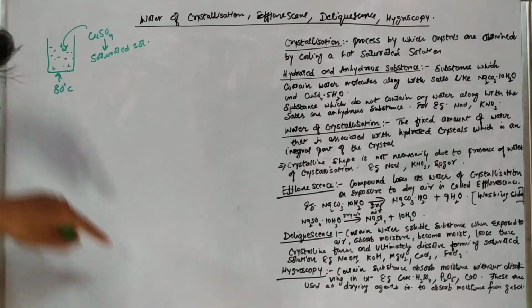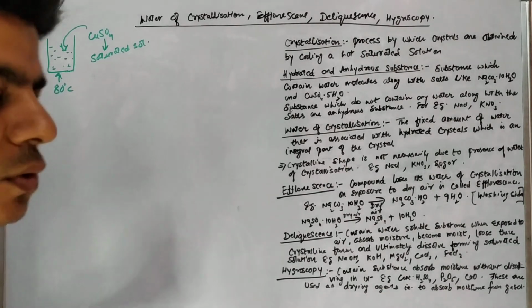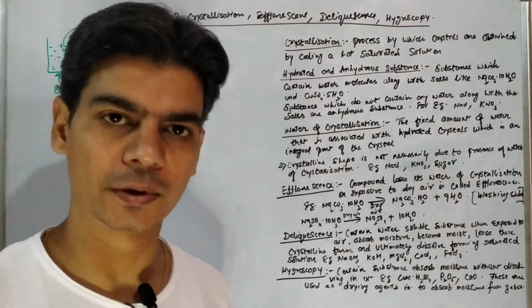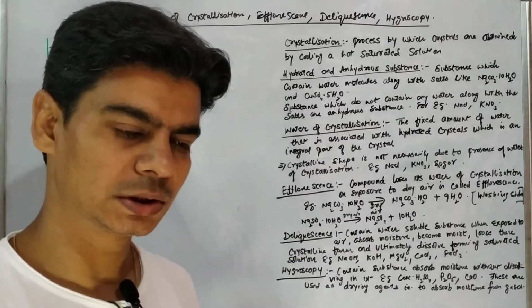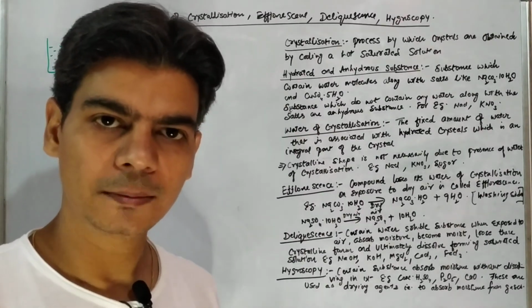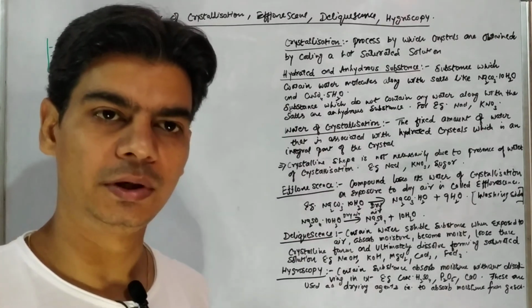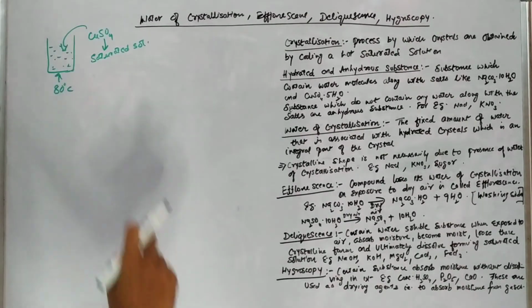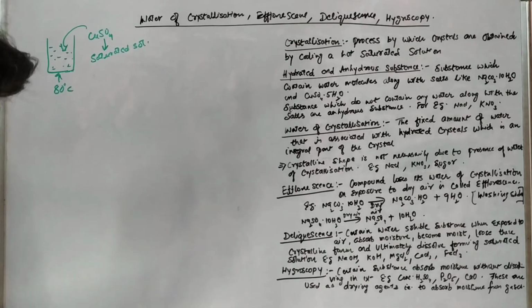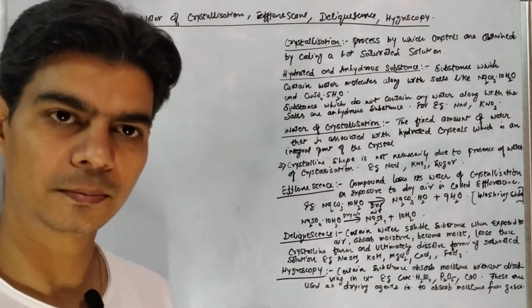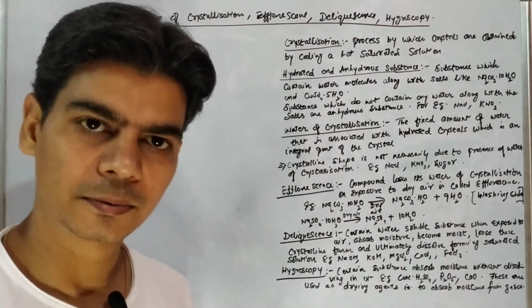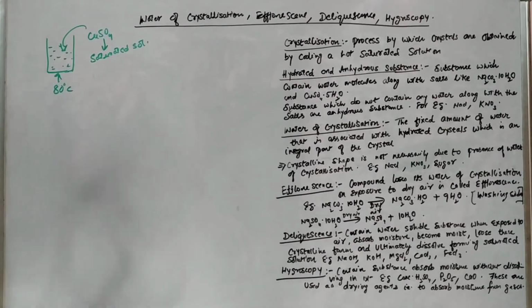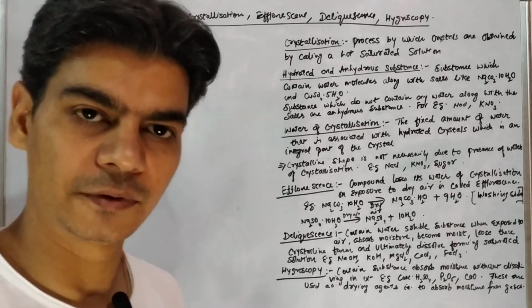Once you reach a point when no more solute is getting dissolved, just filter the solution using a filter paper. What comes out of the filter paper is the filtrate, which contains dissolved copper sulfate.